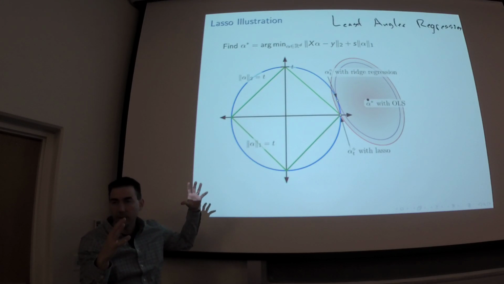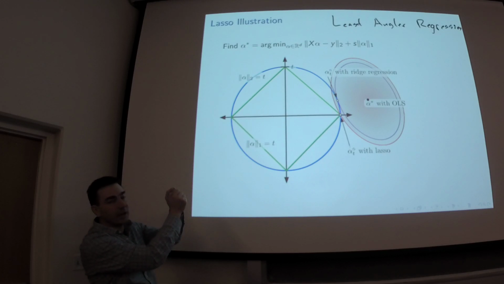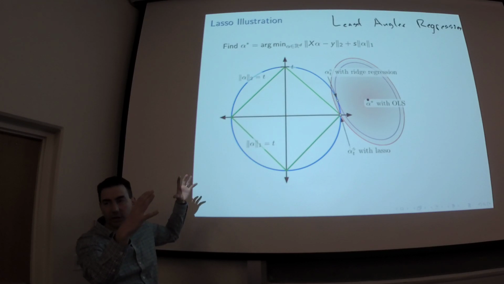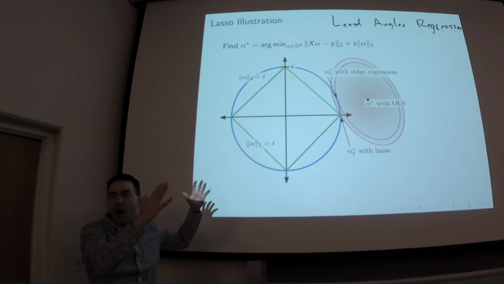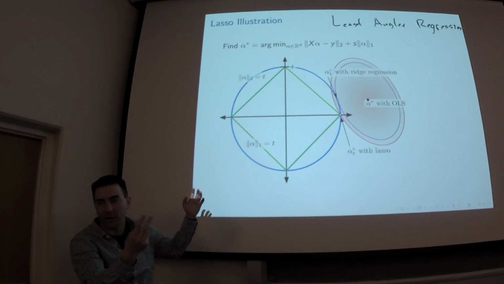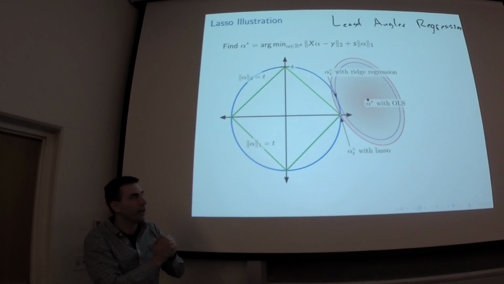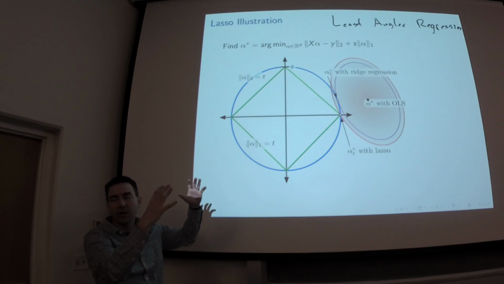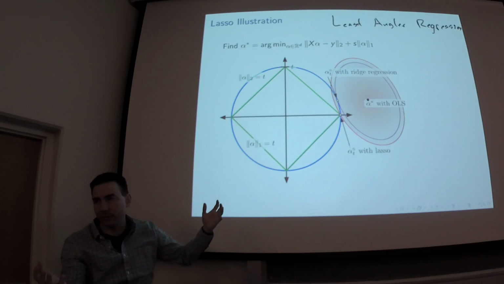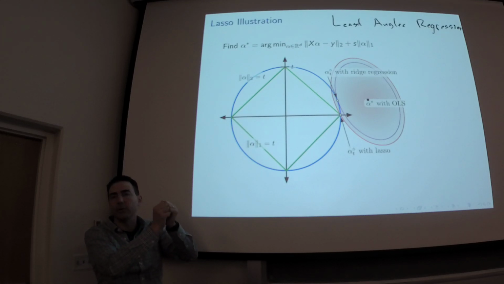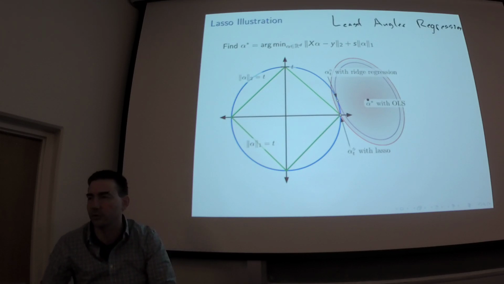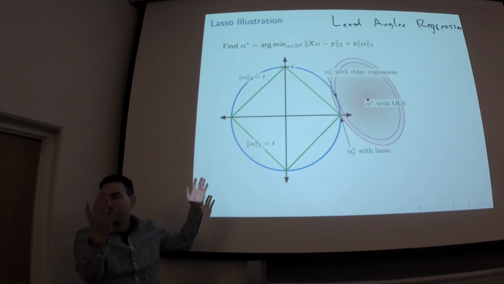As I increase t in a linear fashion, this stays true for a while until I need a second coordinate to satisfy the right answer. As I increase t, that's the L1 norm of alpha, which means alpha j, the coordinate which is non-zero, is increasing, and it's exactly t.